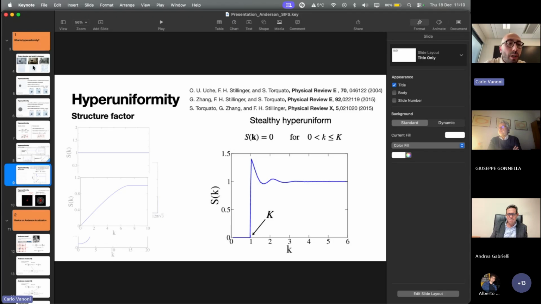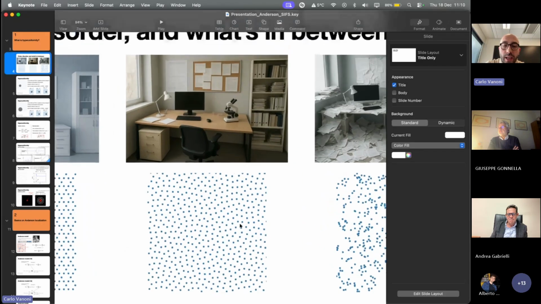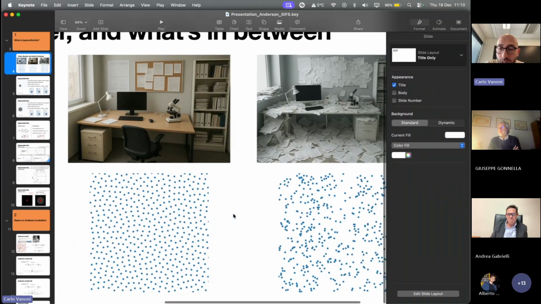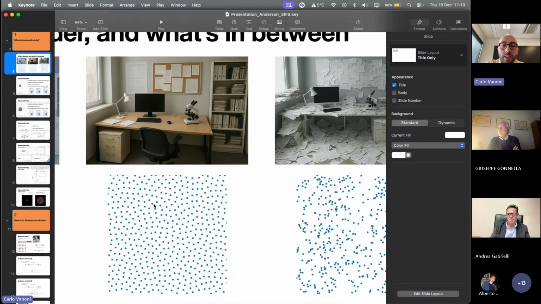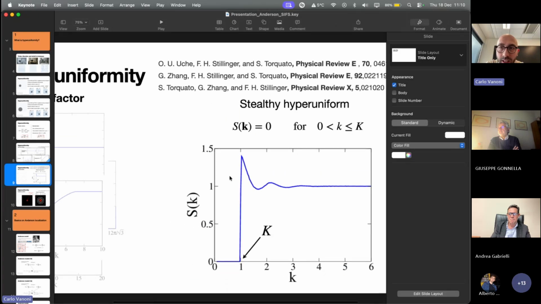And one of the properties, for example, is that you cannot have arbitrarily large holes in these configurations, while here you can have arbitrarily large holes. And that is proved mathematically. But yeah, the constraint that gives you the stealthiness is not really the fact that you have to constrain all the moments, but is more of a global constraint, and it translates into long-range correlations between the points.